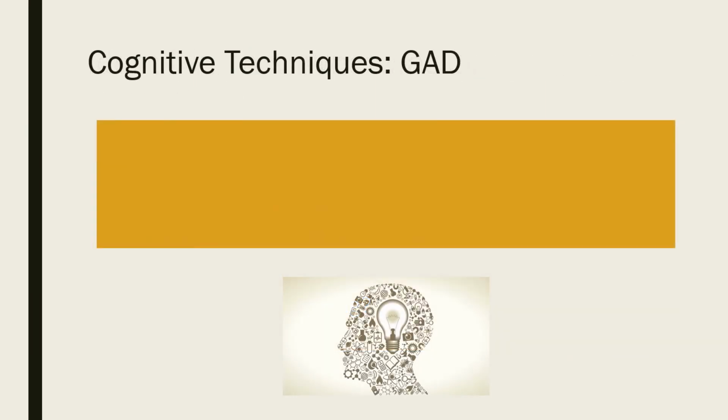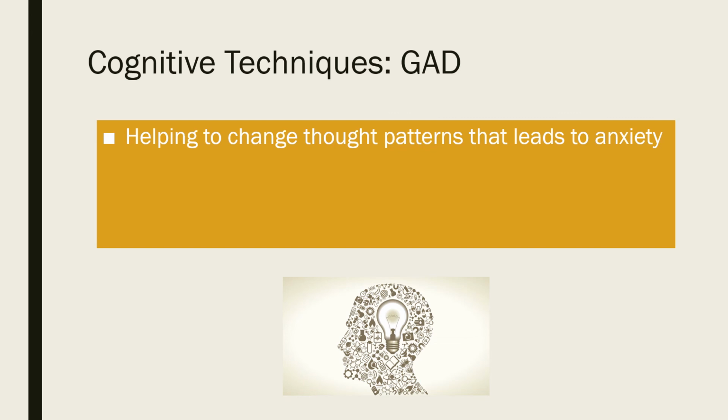When evaluating and modifying negative cognitions to treat anxiety, there are specific cognitions that you would look at for each different subtype of anxiety disorder. For example, for generalized anxiety disorder, because that particular disorder is characterized by persistent and excessive worry about a number of different things in life, it will be important for you to look at some persistent thought patterns that lead to anxiety.